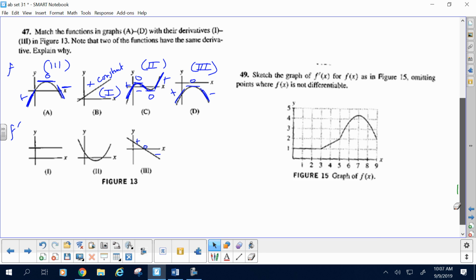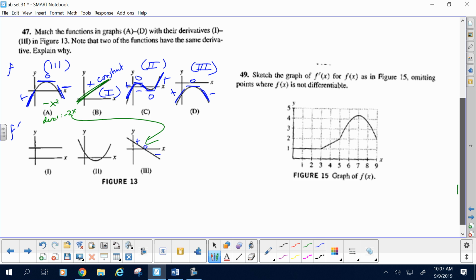Now, I told you I have 2 strategies for this. That is the same. What does a tangent slope look like? But let's use power rule kind of thing. Equation-wise, what does this look like? Parabola, negative x squared. So what's the derivative of negative x squared? Negative 2x. Does this look like a line with negative slope? Yes. Okay.